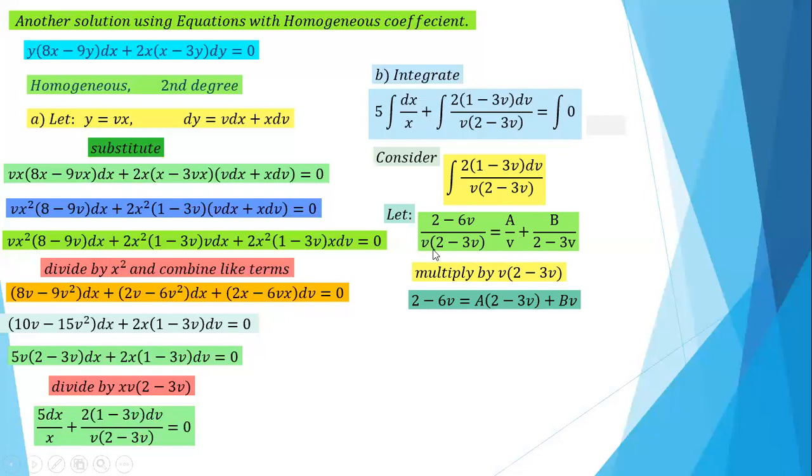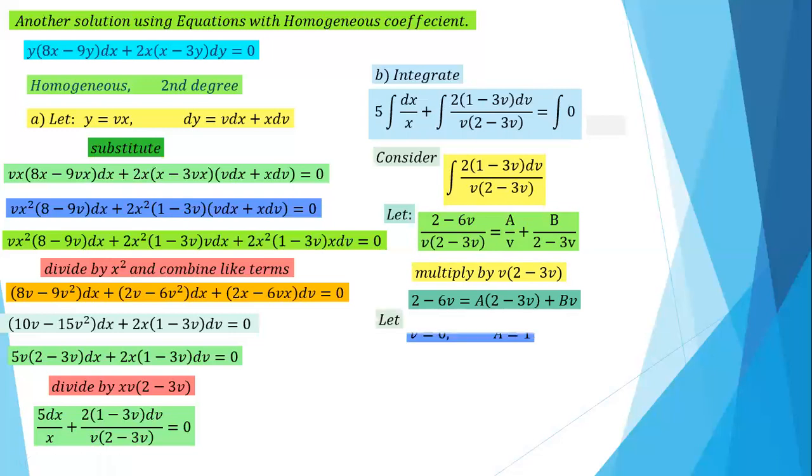So v times 2 minus 3v will be cancelled out. So here v will be cancelled out. Then we have A times 2 minus 3v. Then here 2 minus 3v will be cancelled out. Then what is left is B times v. So that's why we have 2 minus 6v equals A times 2 minus 3v plus Bv.